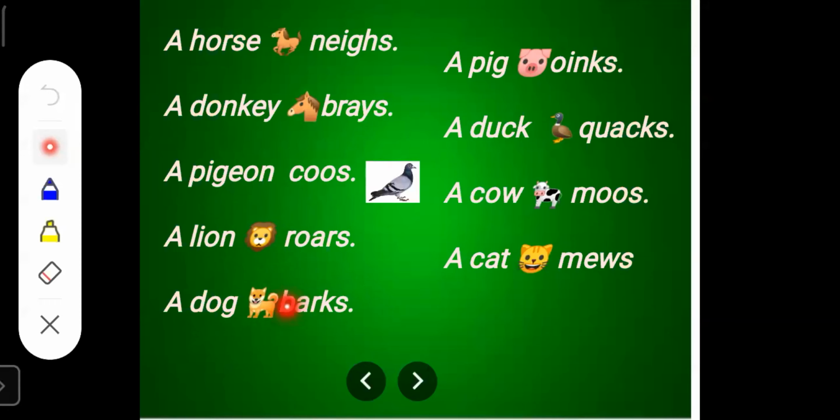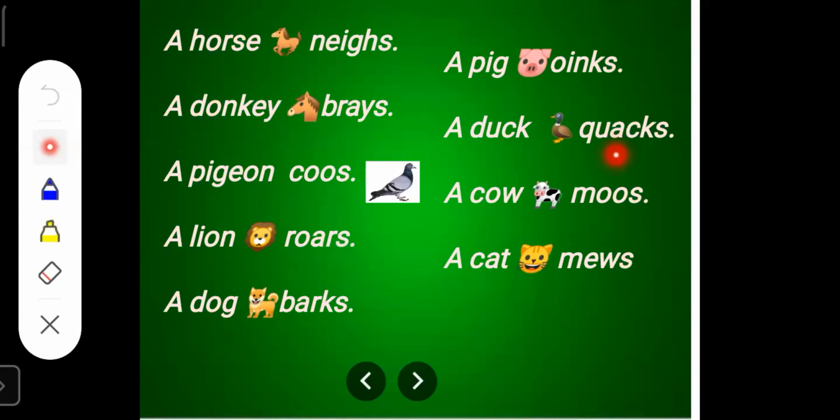So when a dog is barking, we say a dog barks. A pig oinks. The sound made by a pig is called oink. So when a pig makes a sound, we say a pig oinks.